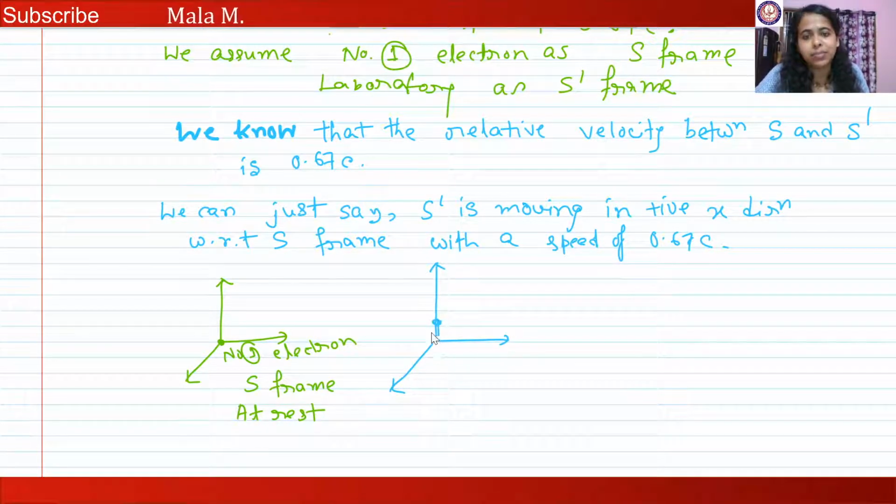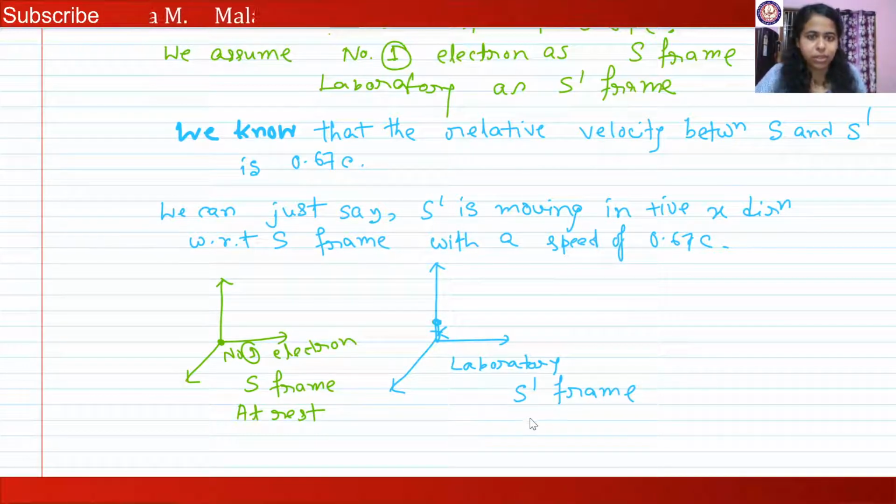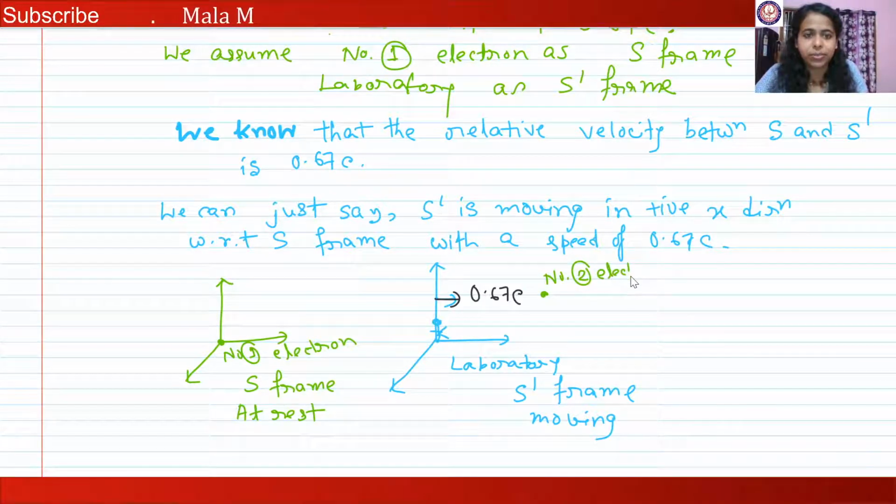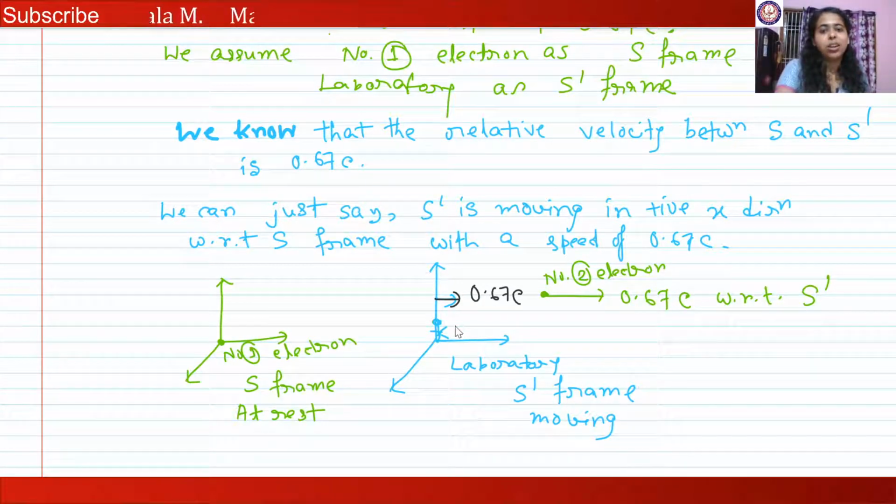This is my laboratory, that is my S prime frame, moving with a velocity of 0.67 c, and here is my number 2 electron, which is also moving with 0.67 c with respect to S prime, that means with respect to the laboratory observer.